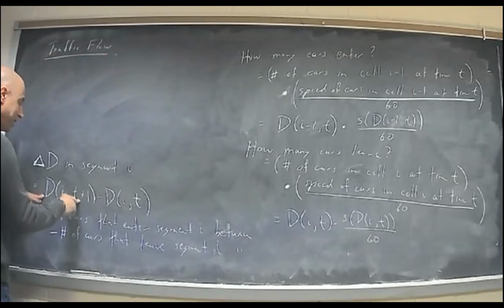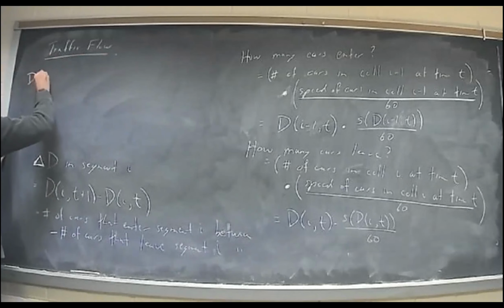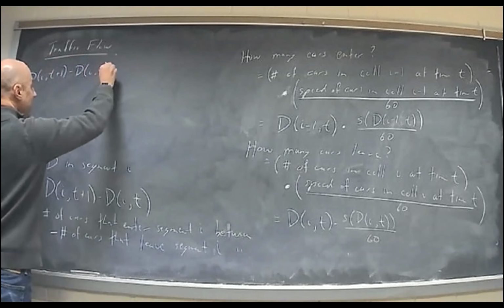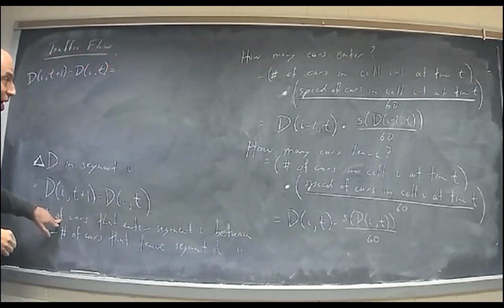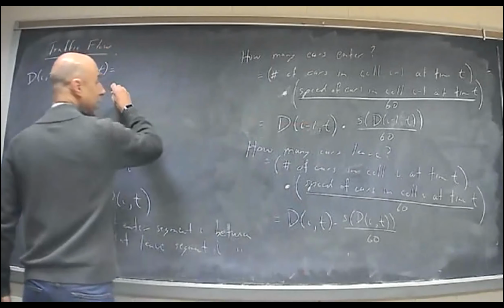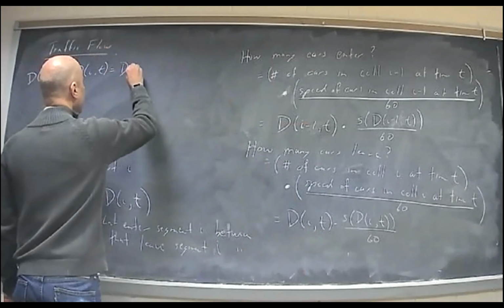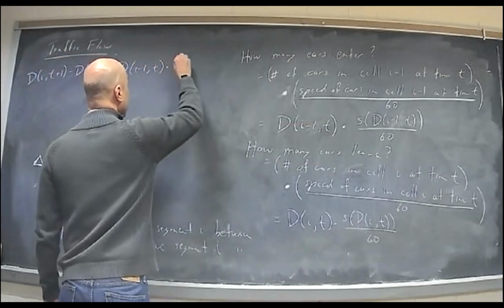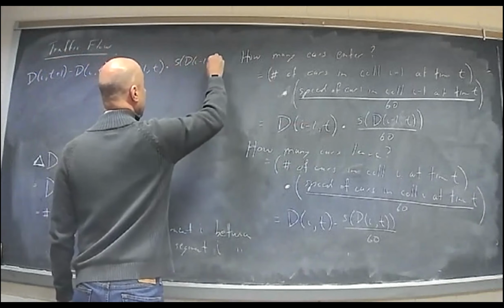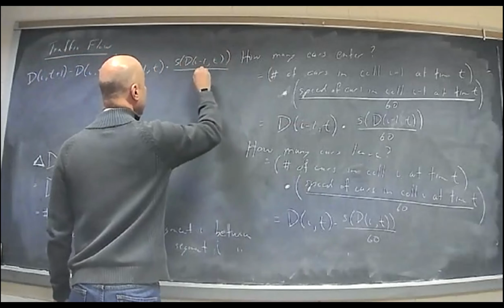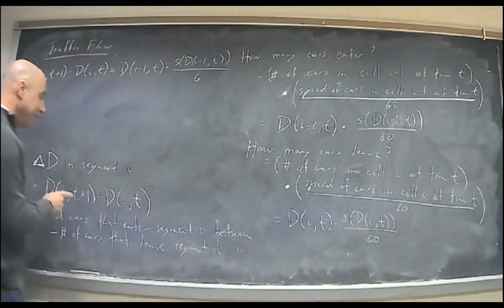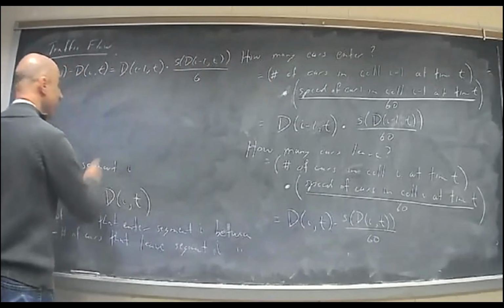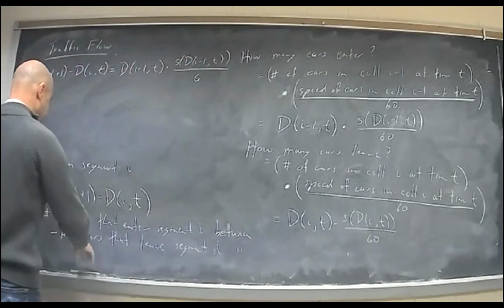So d_i(t+1), the density in cell i at time t+1, minus the density in cell i at time t, equals the number of cars that enter the segment, which is this, minus this, the number of cars entering minus the number of cars leaving.